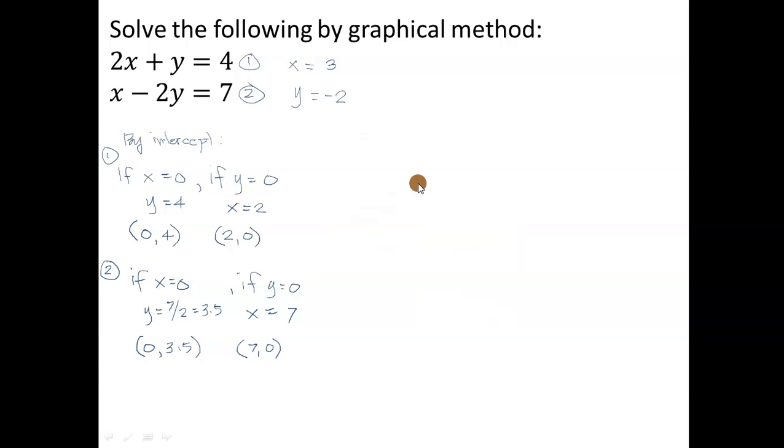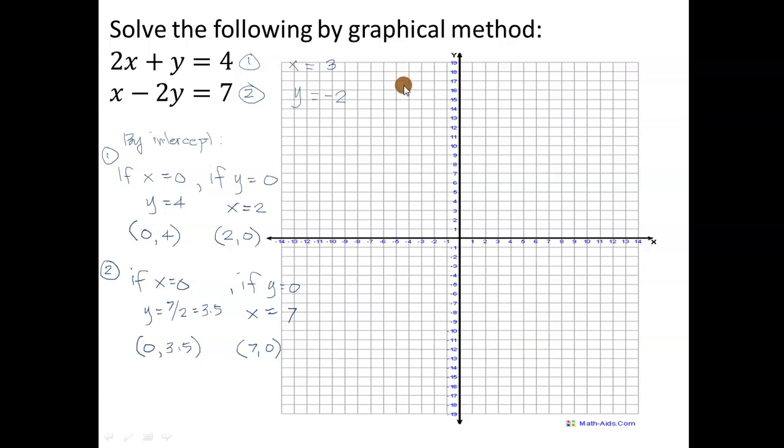Okay? If we are going to plot these points, by the use of a graphing paper, 0 and 4 and 2 and 0 can be plotted. So those are the points. This is 0 and 4. This is 2 and 0. While these coordinates, 0 and 3.5, while the other one is 7, 0.